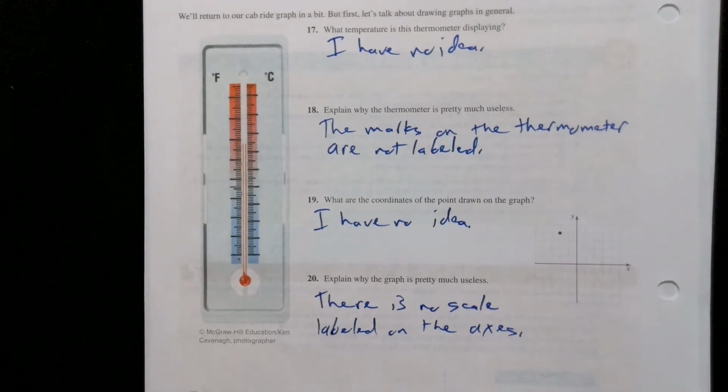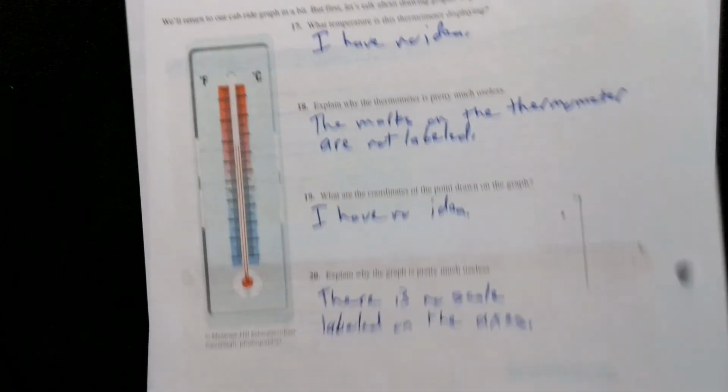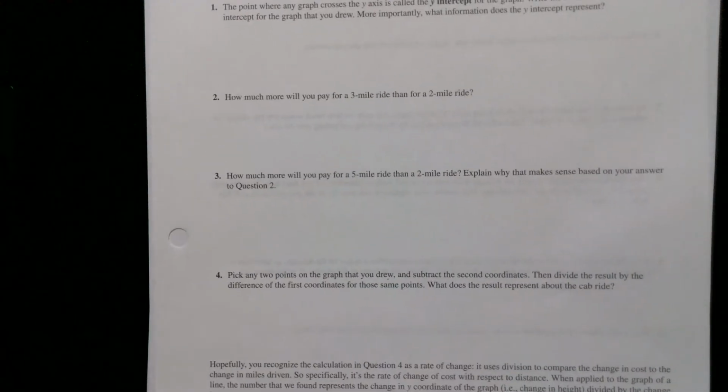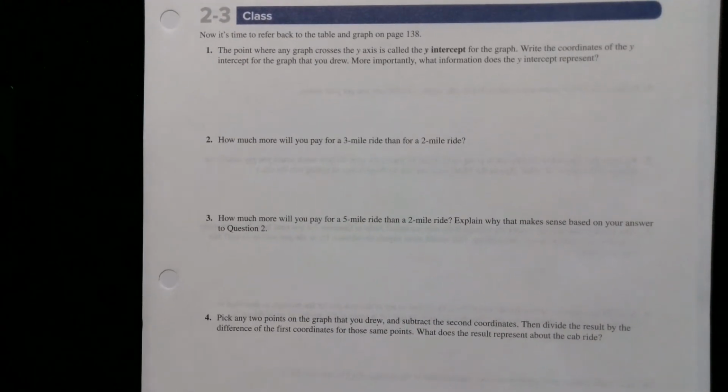Okay, that takes care of the first part of section 2.3. Now we're going to move on to the last part of 2.3, and this is going to require us to use the calculator. So we come here to page 141. It says, now it's time to refer back to the table and graph on page 138.